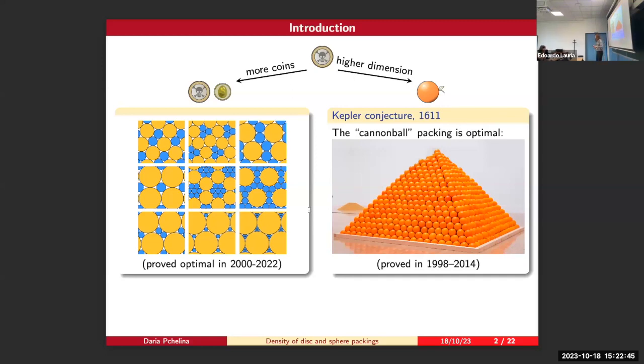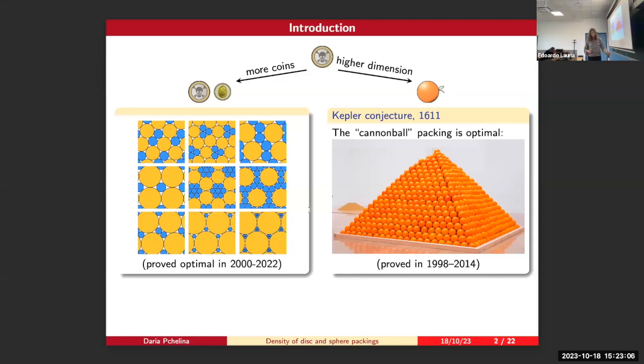It will always be reached on some packing, but it was found only for some cases, like for these 9 of them, and for some others. But many cases are without answer yet. We have some bounds on the density, but not best candidates.